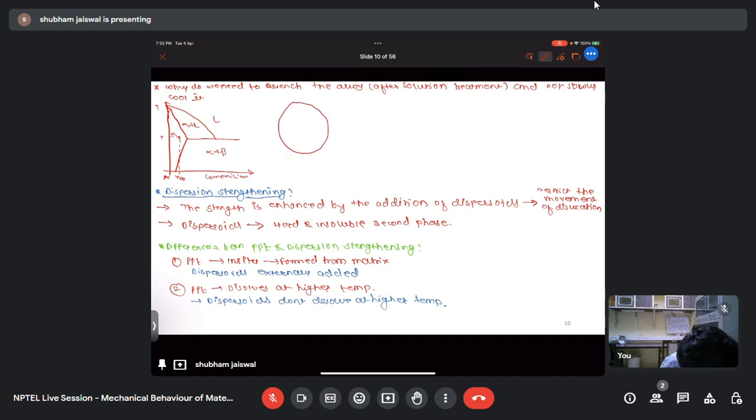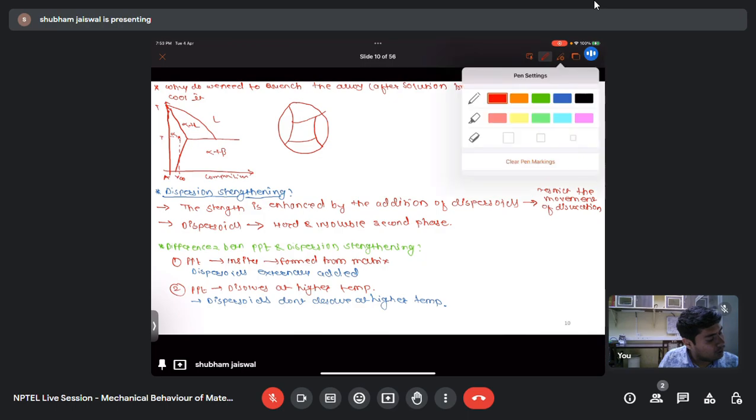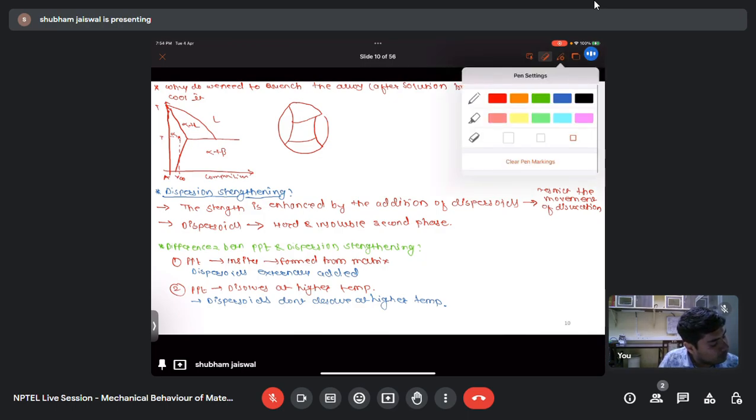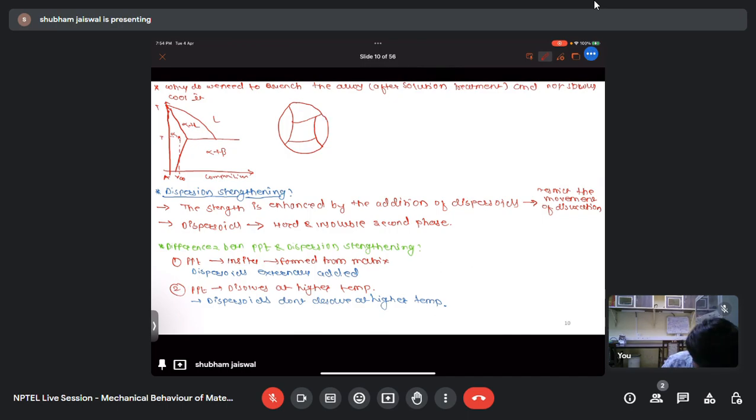So let's say this is my grain, and this is my microstructure. At higher temperature, let's say this is my alpha.